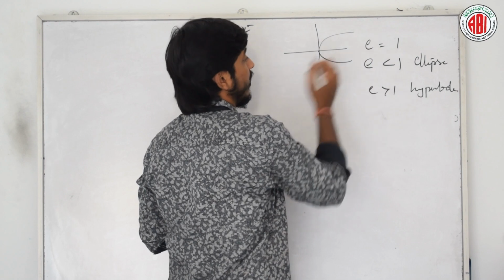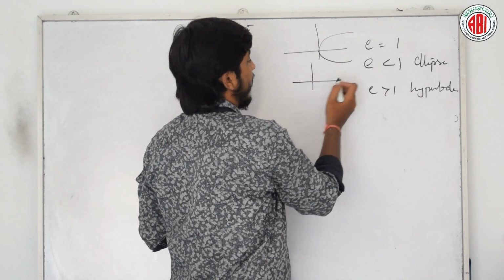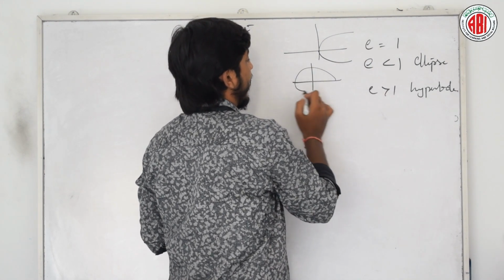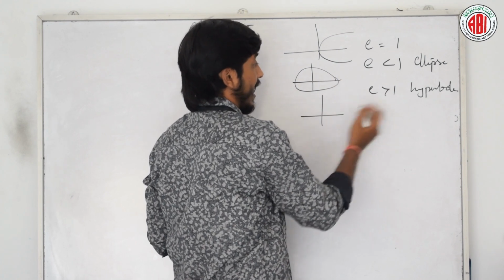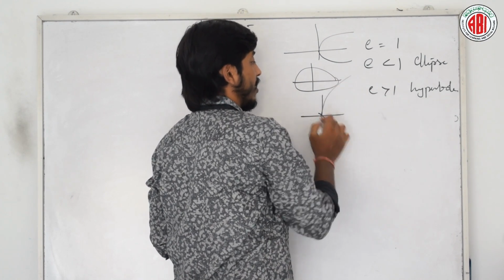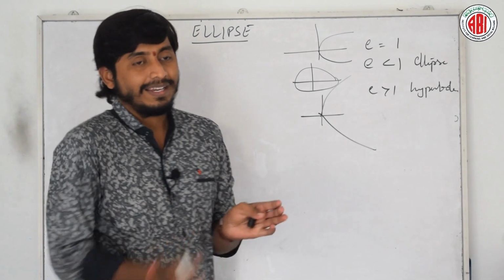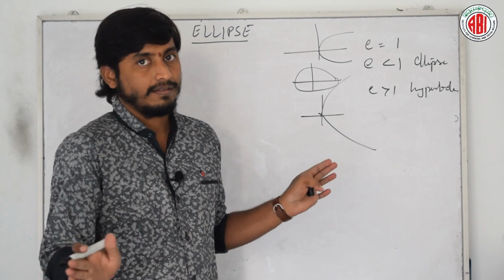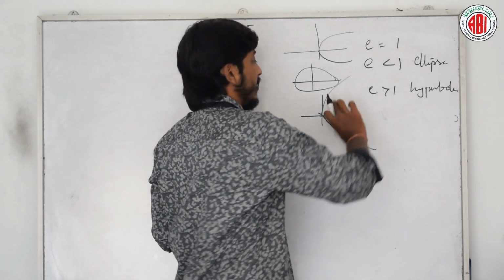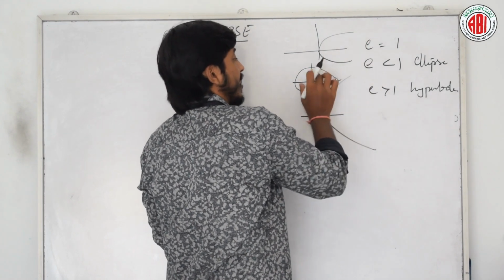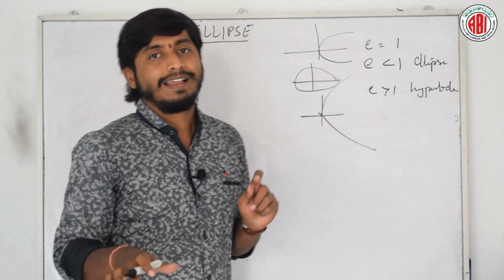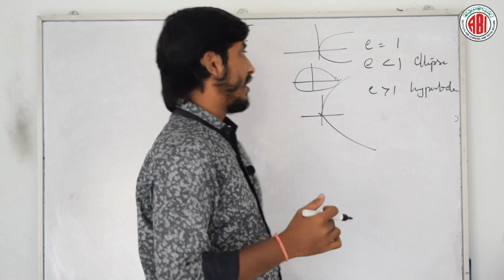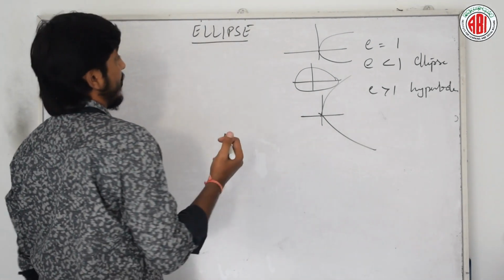The parabola will go straight, whereas the ellipse will go and end at a particular point, whereas the hyperbola will go somewhere to the top, like an open space. This is completely open, this is half open, this is completely closed. Okay, fine. So, what are the main parameters we learnt in parabola?